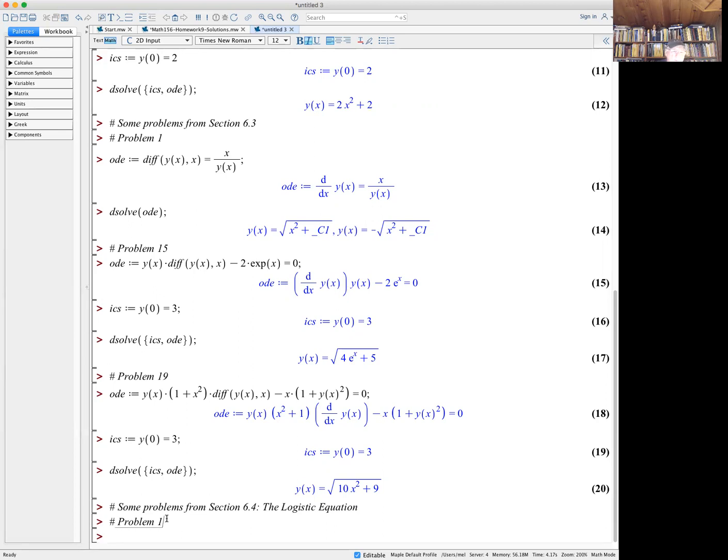So let's start with problem 17. So we have the following equation, and now the variable we're going to use is t instead of x, which is fine.